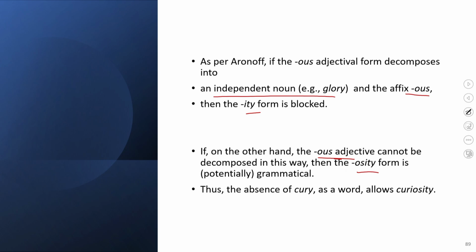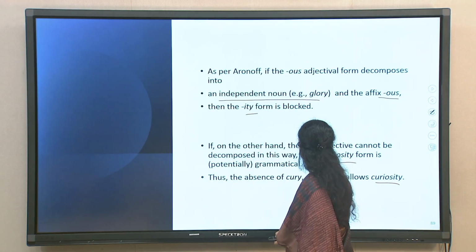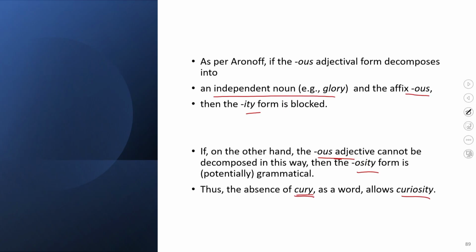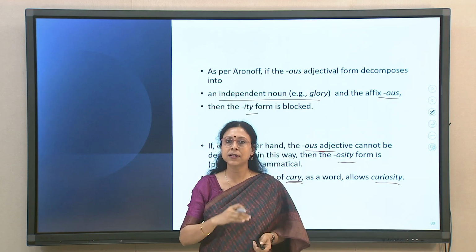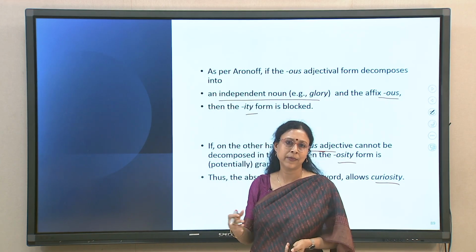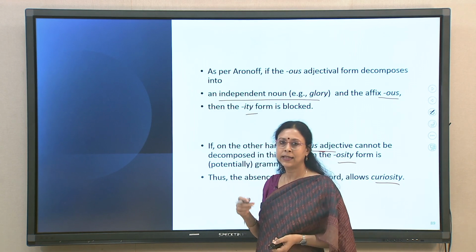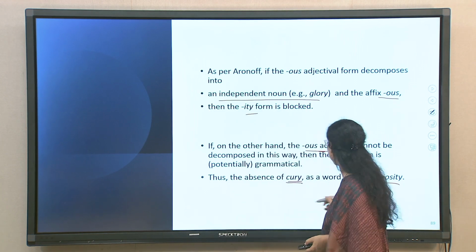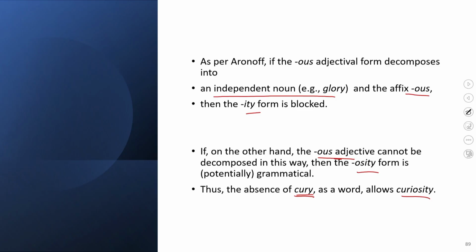So, in the case of the word curiosity, ITY is allowed because this form does not have a bare noun something like curie. Glory is there, glorious, and that is why gloriosity is not allowed, but curious cannot be further decomposed into a bare noun like curie or something of that hypothetical form, and thereby it allows curiosity. So, that is how he explained why blocking happens.